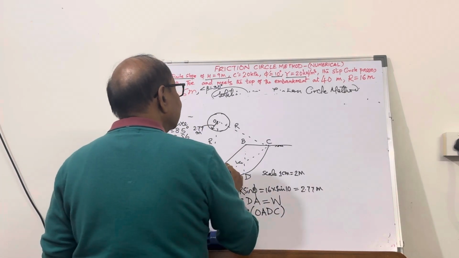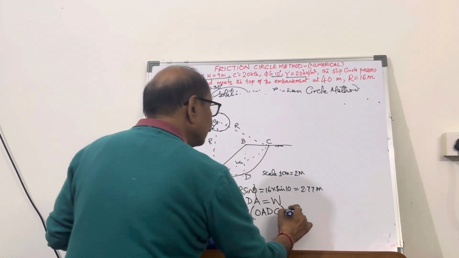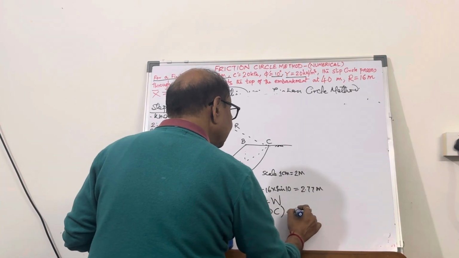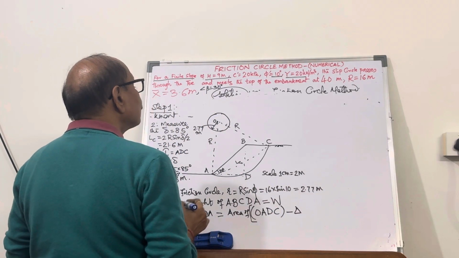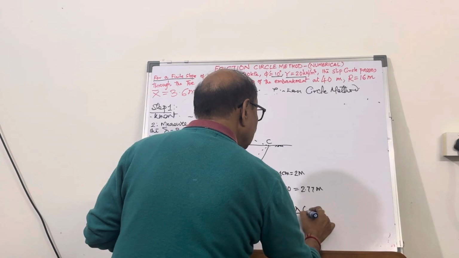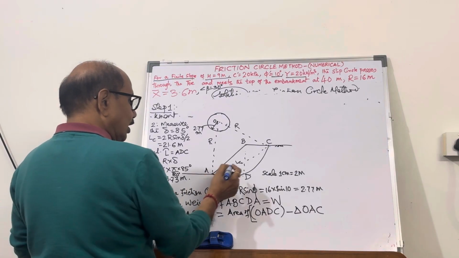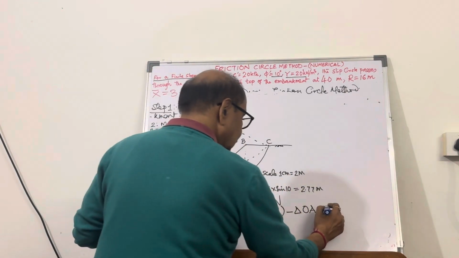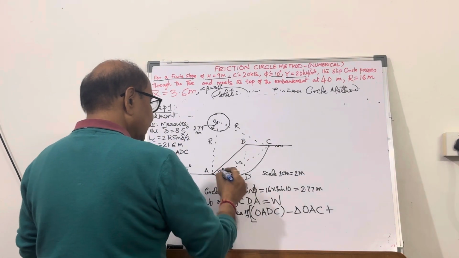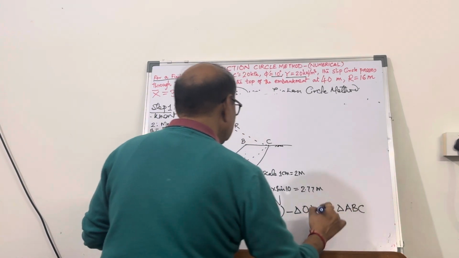Now from here, this triangle you can remove it. So minus the area of triangle OAC. So this much you are removing. So what is left out is this, plus the area of ABC.